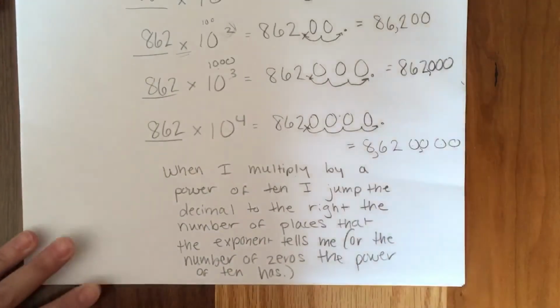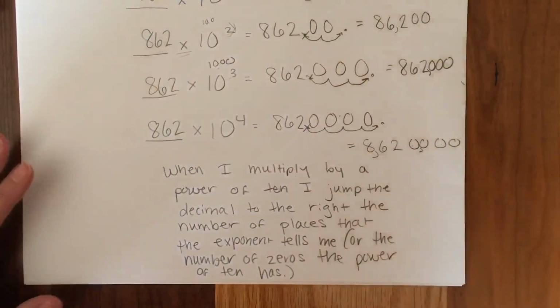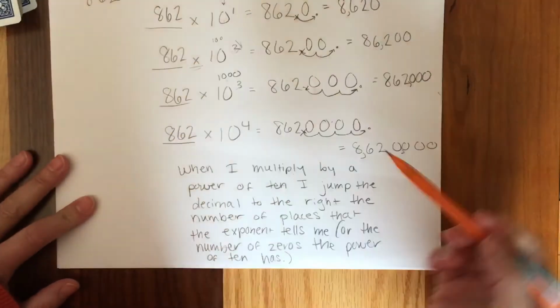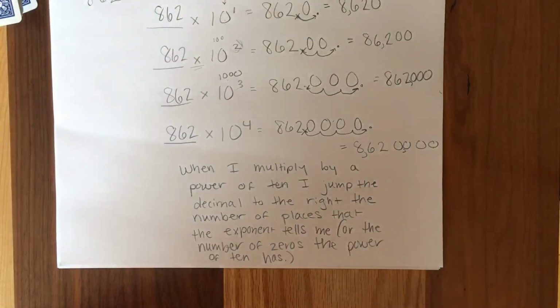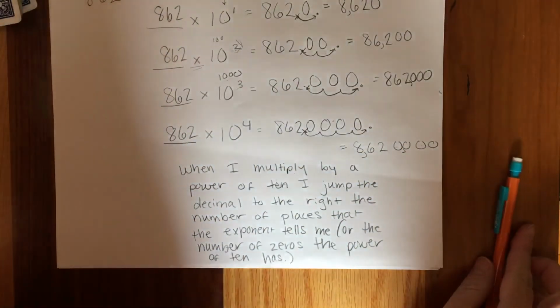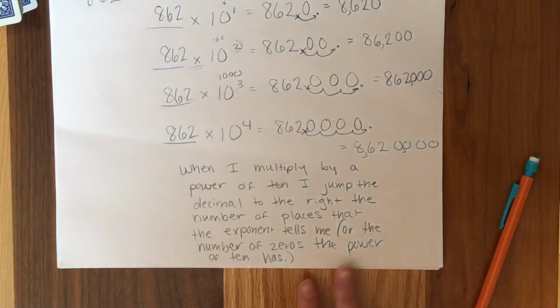So to explain that a little better, let's look at our examples. So it says, when I multiply by a power of 10, I jump the decimal to the right, the number of places that the exponent tells me, or the number of zeros that the power of 10 has.